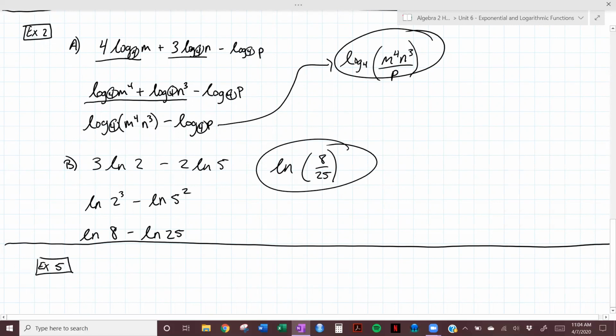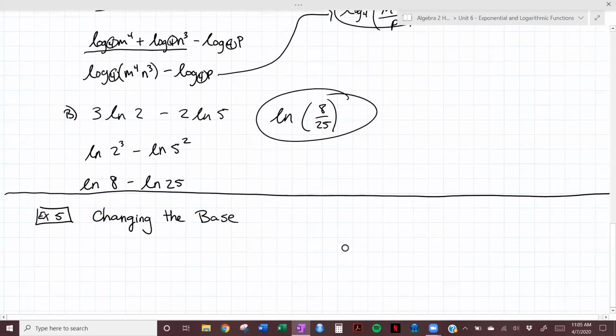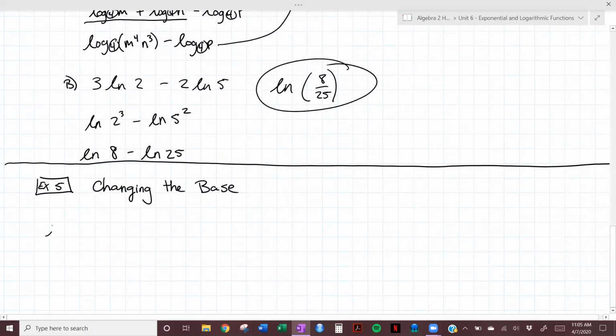So example 5. So we're doing changing bases. Okay. So for this one, let's say we have log base 2 of 3.